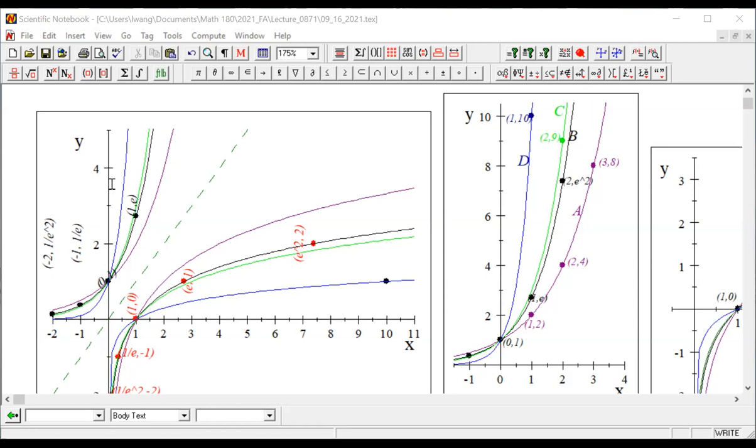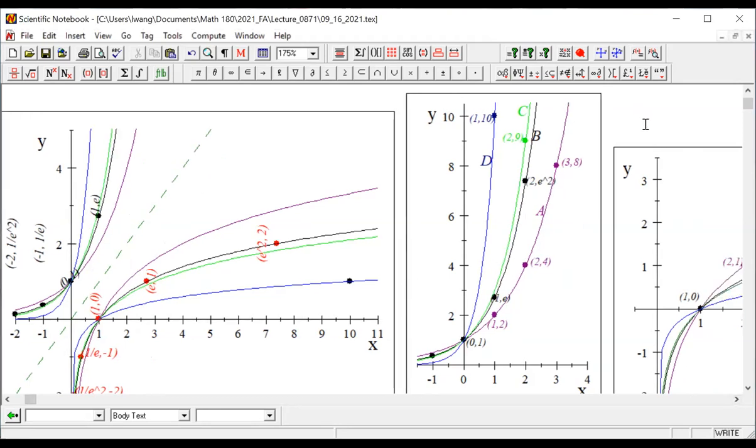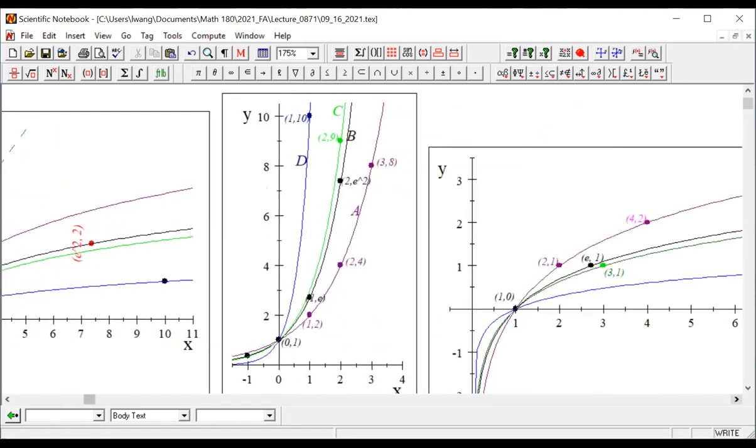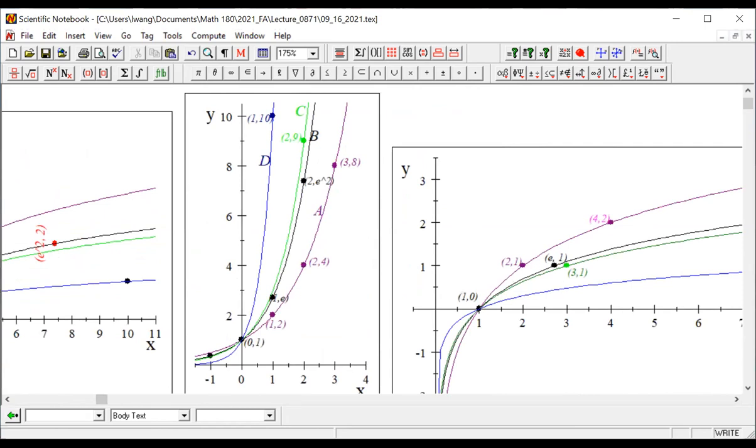If you look at these curves, last week we covered these relative positions, and you should be able to mark which one is which with certain given points. These are the 4 exponentials together, and these are the 4 logarithms together.